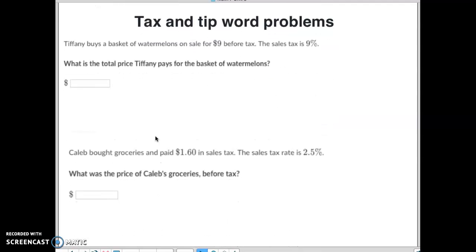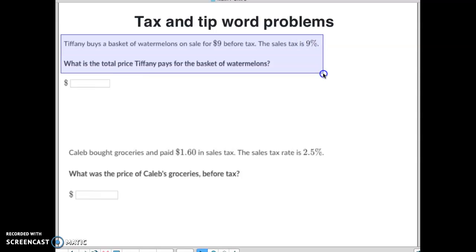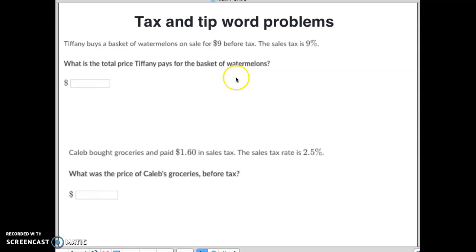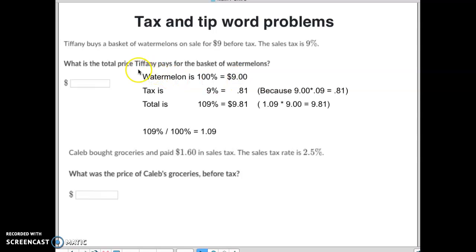Next one, tax and tip word problems. Tiffany buys a basket of watermelons for $9 before tax, but then has to pay 9% in sales tax. What is the total price she pays? I've done a lot of working out here, and I'm going to walk you through this. A whole is 100%, so the original cost is $9, which we call 100% of the price.